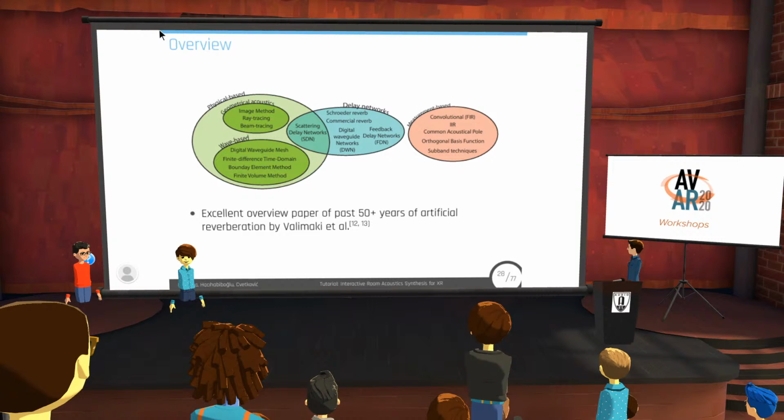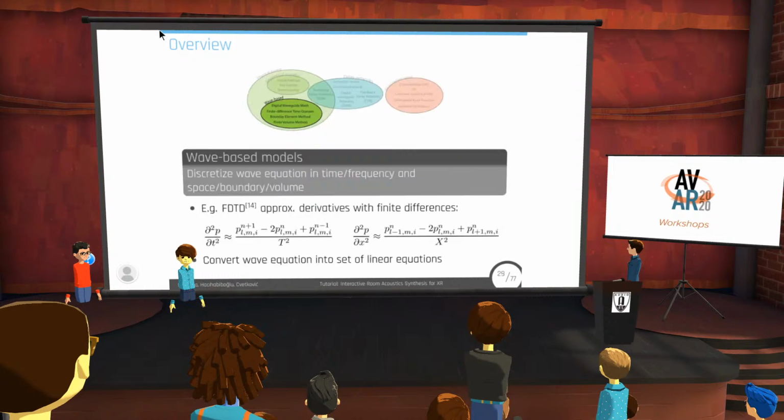We're actually going to share the slides at the end of this, where you can access all those references. And 12 is a paper called 50 Years of Artificial Reverberation. Lauri Savioja is a co-author and is actually in this room, so you can talk to him at the end of the talk as well. And the second paper is aptly named More Than 50 Years of Artificial Reverberation, which was presented at another AES conference a few years ago.